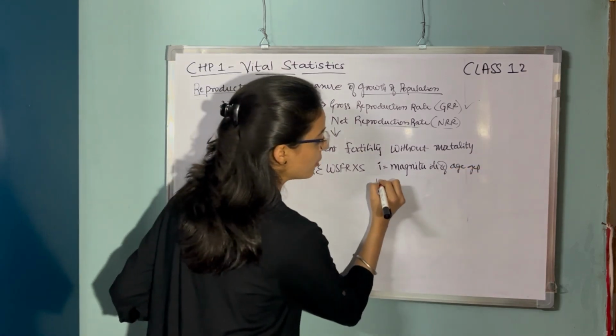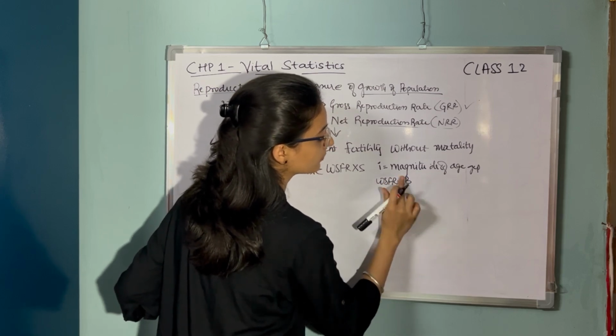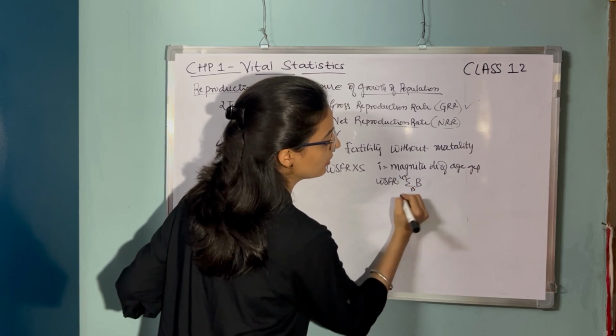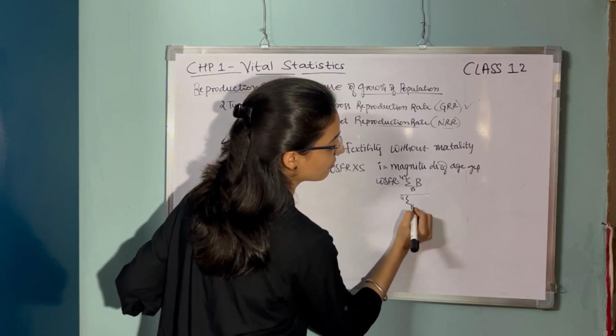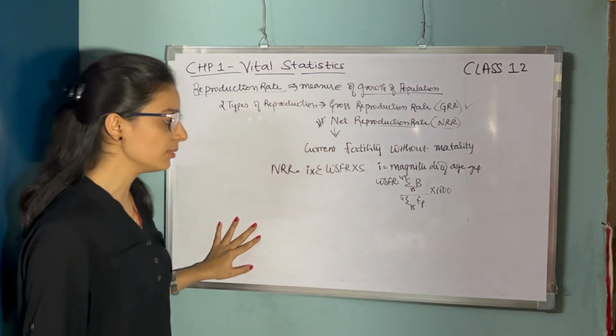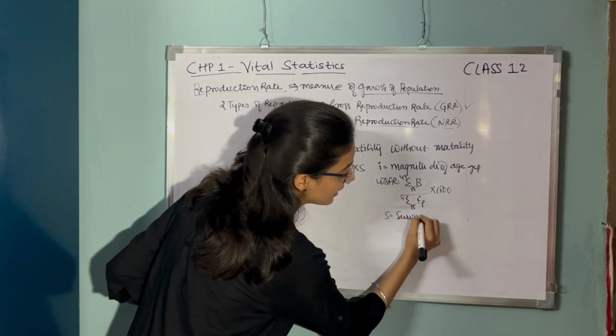WSFR, as we just looked into, is female birth by female population of childbearing age into 1000. Here S stands for survival rates.